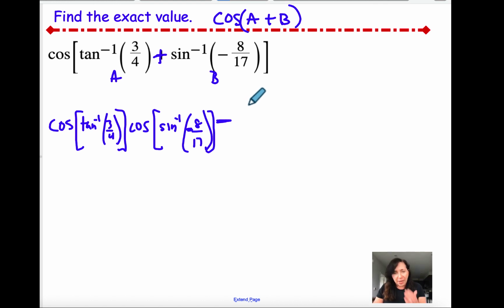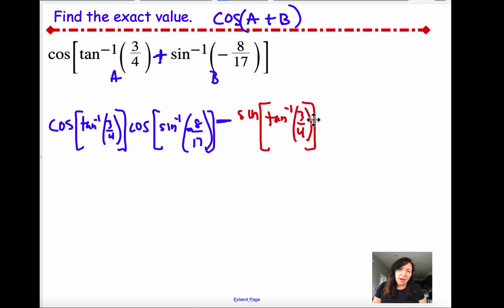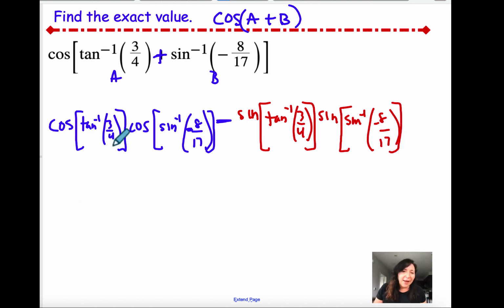So the second part of this is going to be sine of arctangent of 3 over 4. And then it's going to be, let's see, sine of arcsine of negative 8 over 17. Like that. Okay? So now we have all of these little inverses that you guys should be pretty good at.